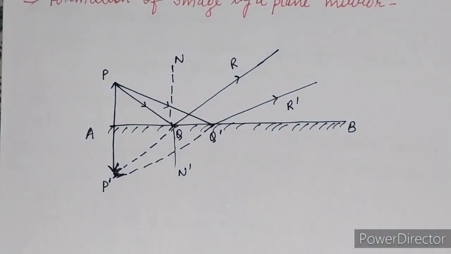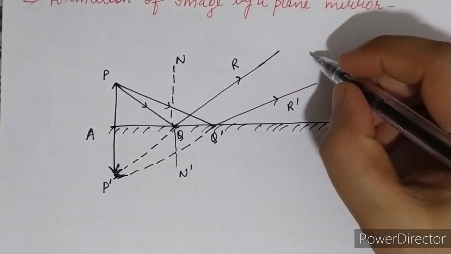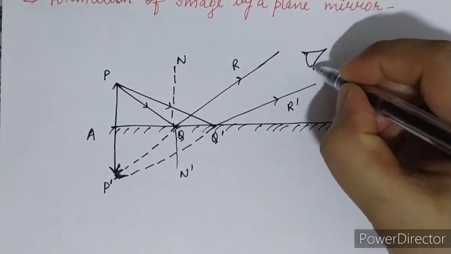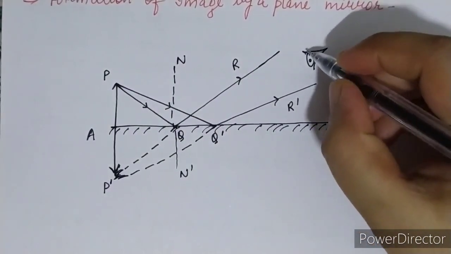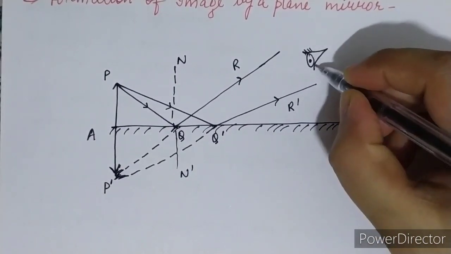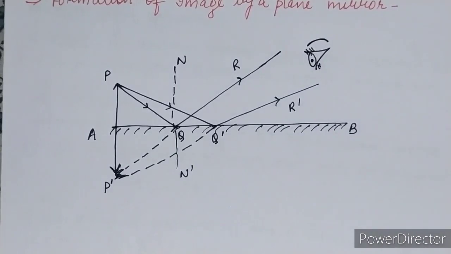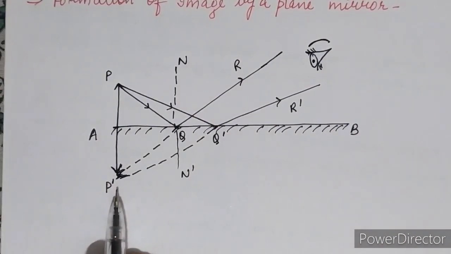Clear? So here is our eye, and from here we are able to see the object. Okay, so here our image is.